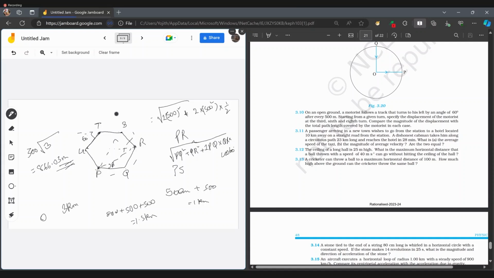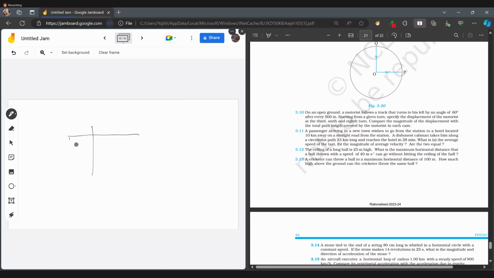So let us see now. At turn 3, the displacement is 1000 meters. Then at turn 3, distance, అంటే total path length is 1500 meters.